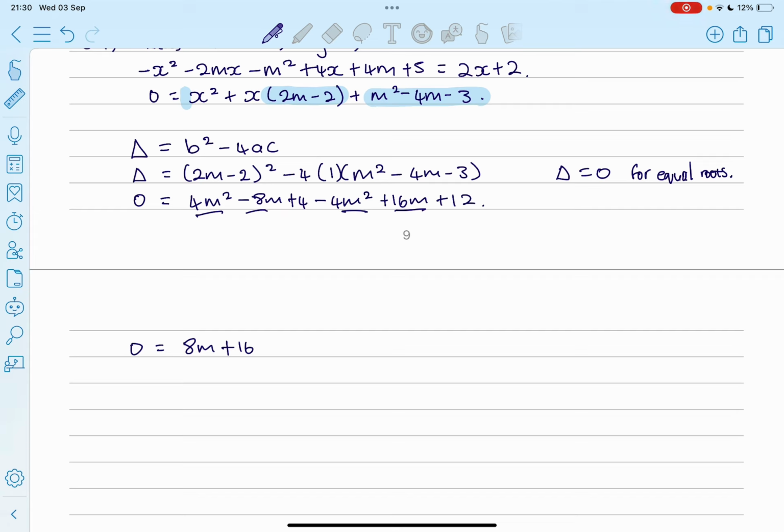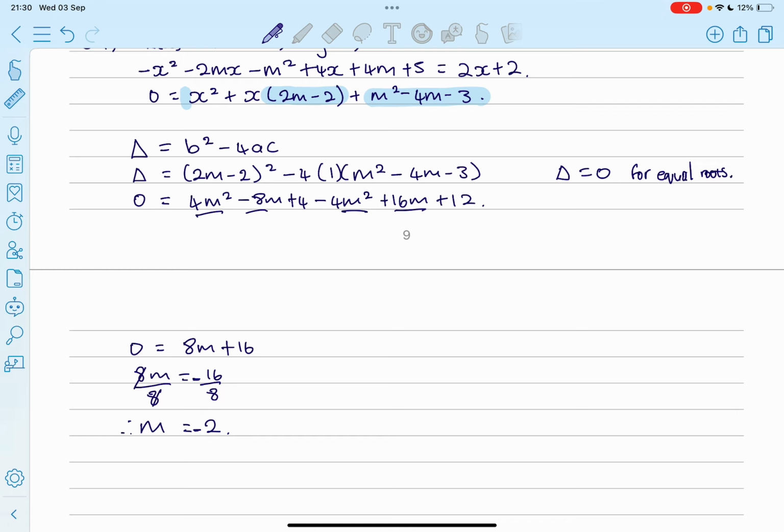So 8m will be equal to 16, dividing both sides by 8. Now we've got m being equal to 2. Negative 2, because this m should be negative there. The 16. Okay, and there we fixed it.